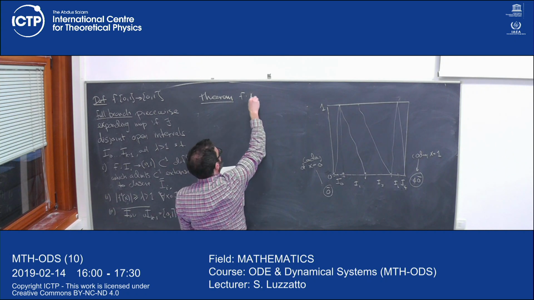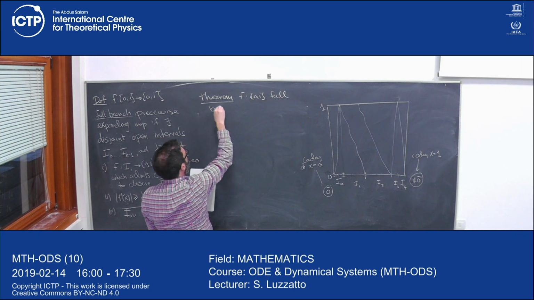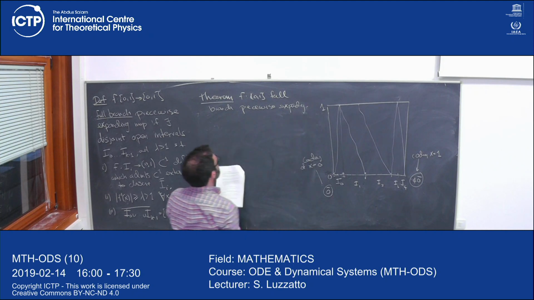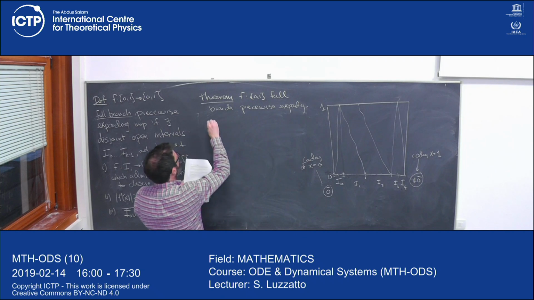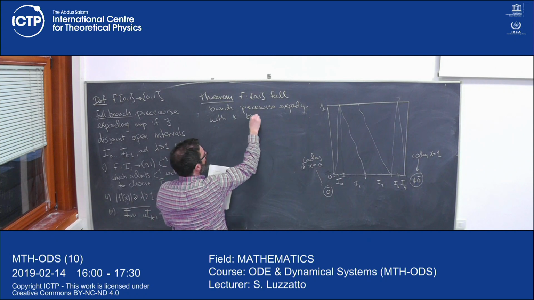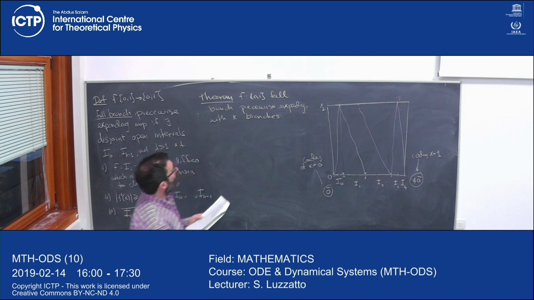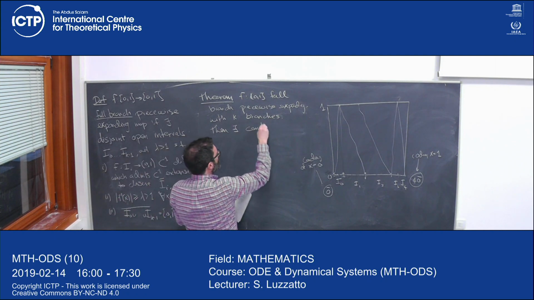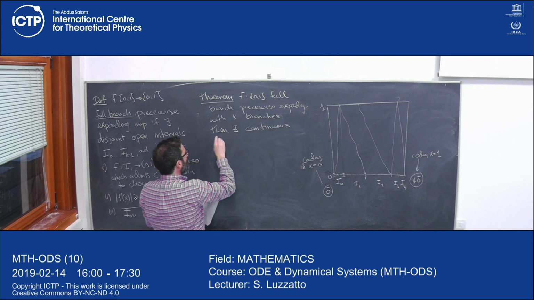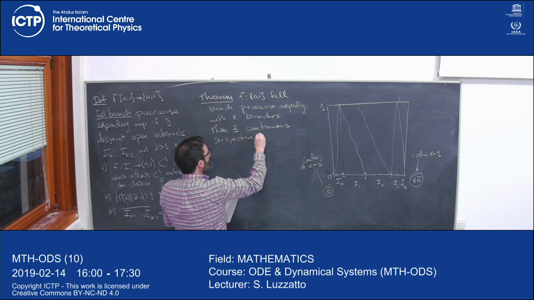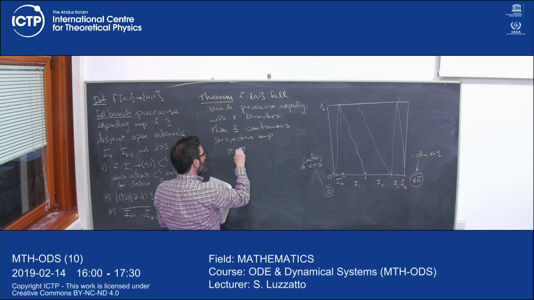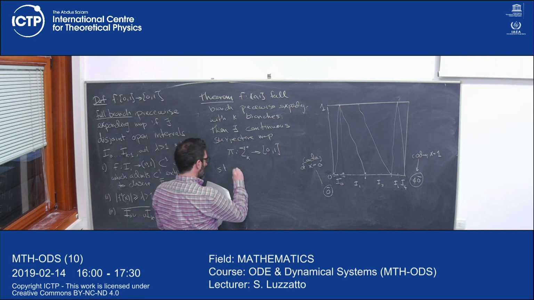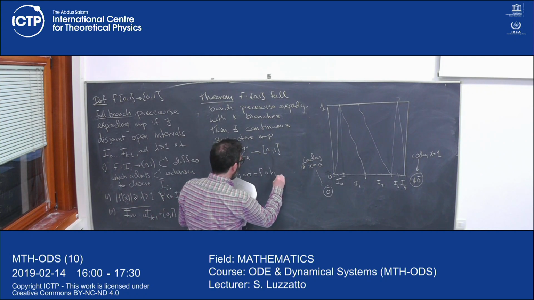If f from [0,1] to [0,1] is a full branch piecewise expanding map, with, let's say, k branches (when I talk about branches I just mean how many of these intervals it contains), then there exists a continuous surjective map pi from sigma k plus to [0,1] such that pi composed with sigma equals f composed with pi.